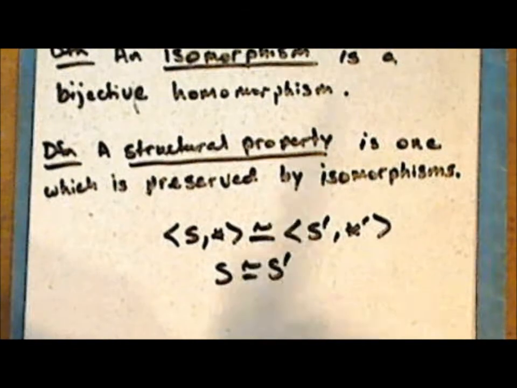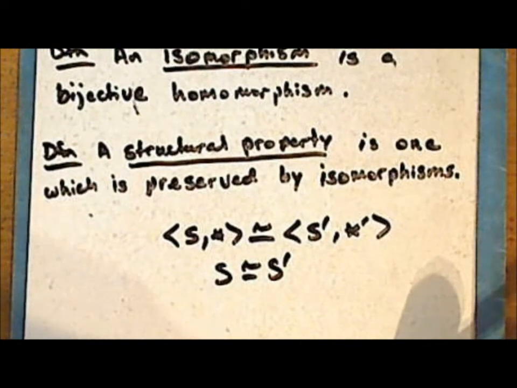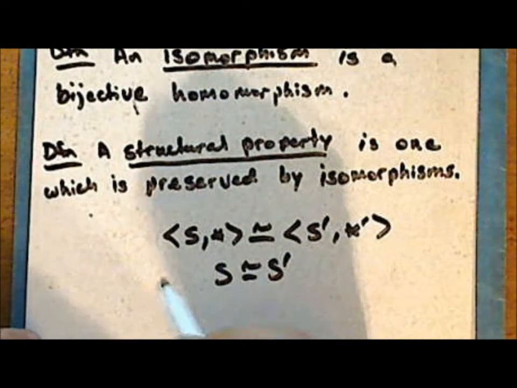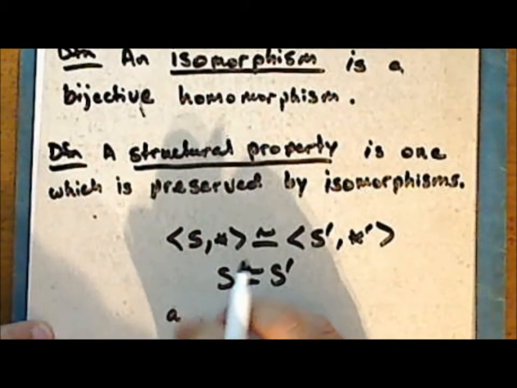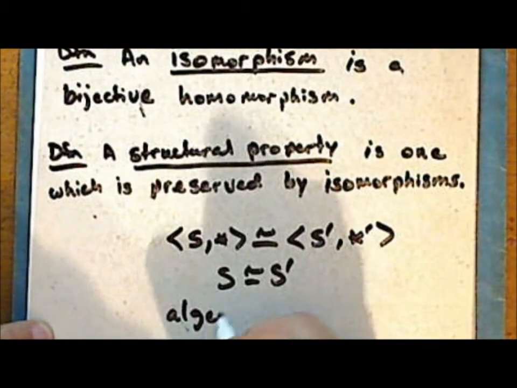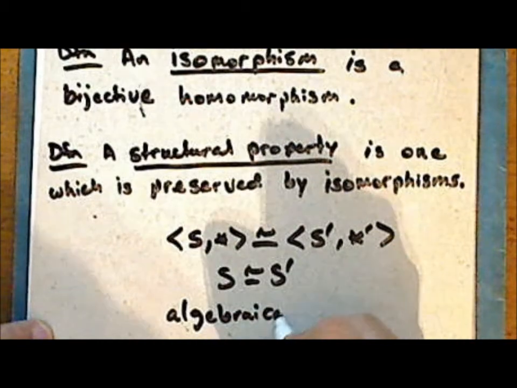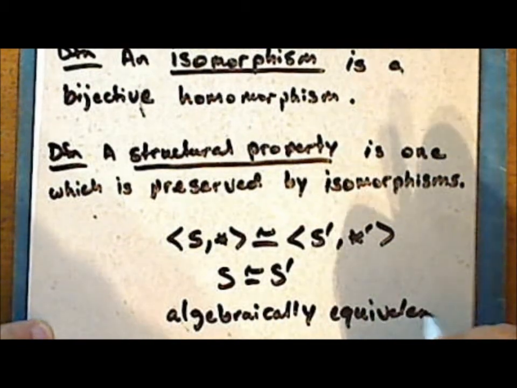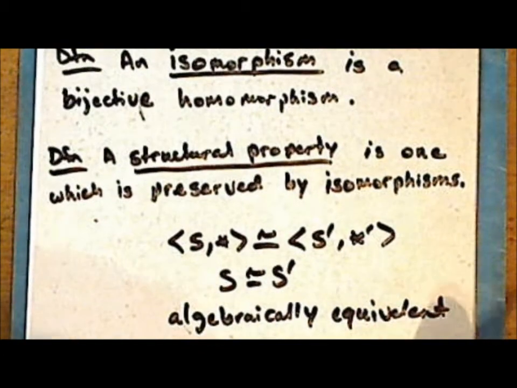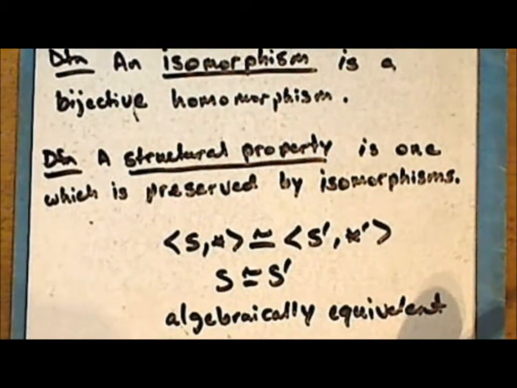So when two structures are isomorphic to one another, we say that they are algebraically equivalent. So what do we mean by algebraically equivalent?